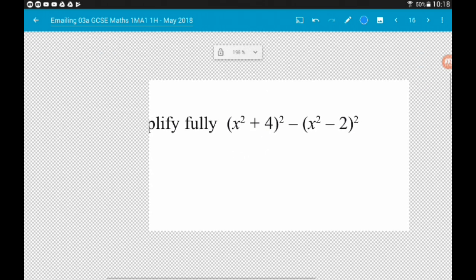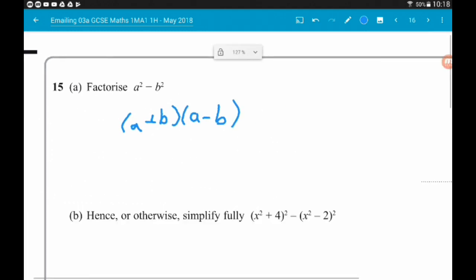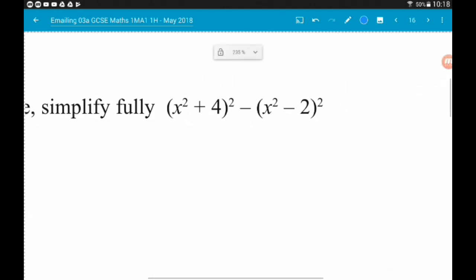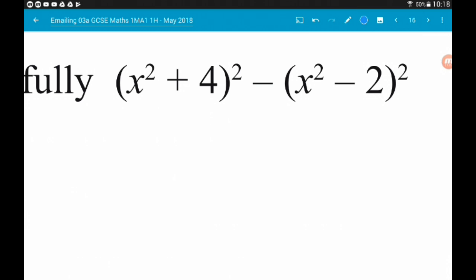So if we go back up and take a look at a squared minus b squared, then we've got one thing being squared minus another thing being squared. So that is exactly the situation that we have here. So if x squared plus 4 squared is our a squared, then we got minus x squared minus 2 all squared, so that's minus b squared.